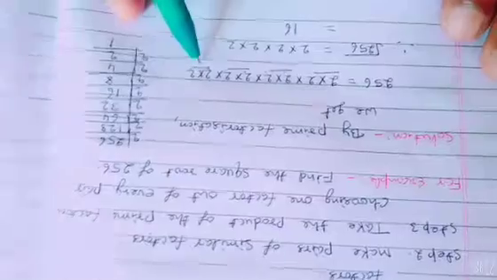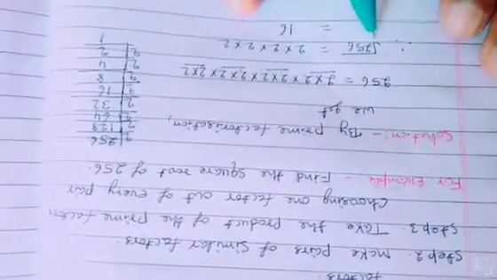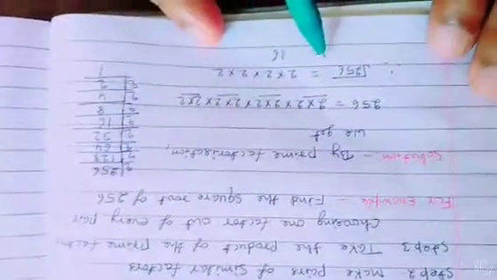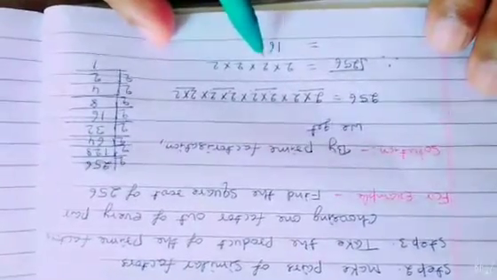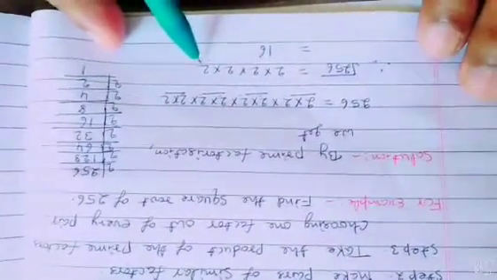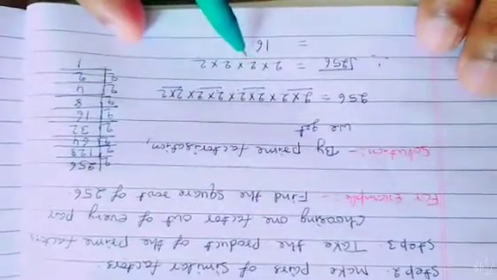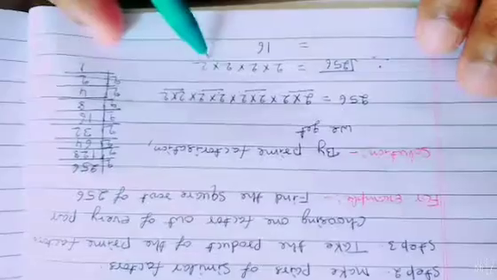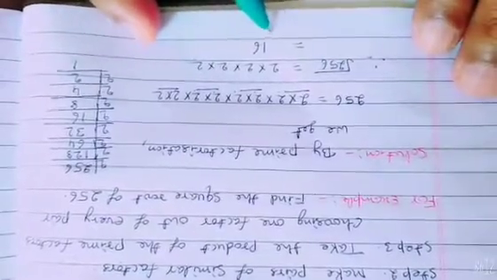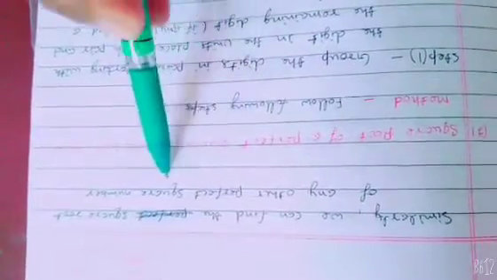So the square root of 256 equals 2 into 2 into 2 into 2, taking out one factor of every pair, equals 16. Similarly, we can find the square root of any other perfect square number by the prime factorization method.